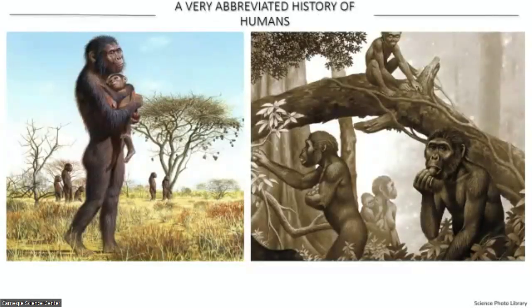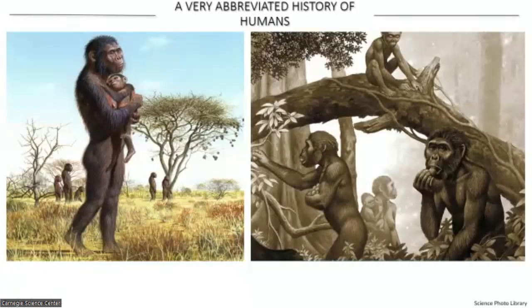So two of the most fundamental traits of modern humans is one, our unique ability among primates to walk on just two limbs, and our amazingly dexterous upper limbs and hands.